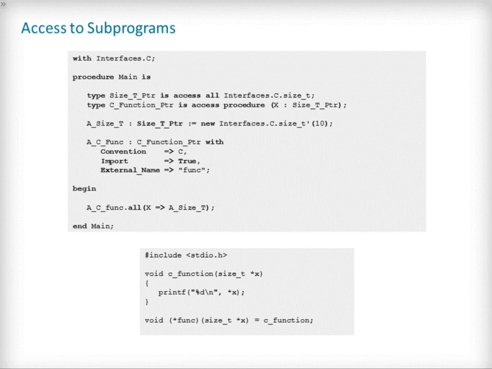The function pointer is assigned to the address of this C_function. The Ada main program declares an access to subprogram type that matches the signature of the C function pointer. It then imports the func entity from C and dereferences the pointer to invoke the C function that eventually outputs 10 using printf.